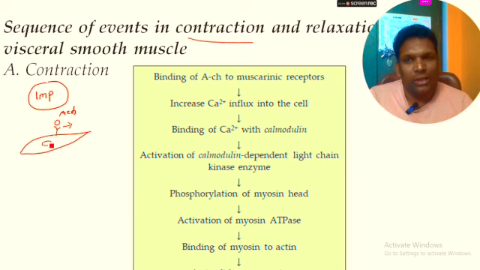So the calcium binds with a protein called calmodulin, which activates calmodulin dependent myosin light chain kinase, one of the enzymes which is dependent on calmodulin. So immediately phosphorylation of the myosin head occurs, that causes activation of the myosin head, binding of myosin to the actin, and the contraction process begins.